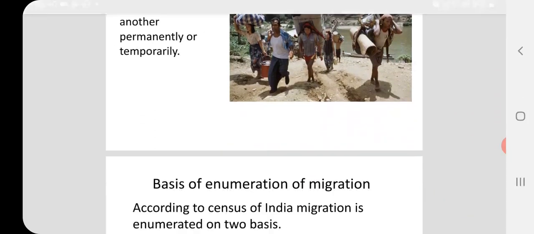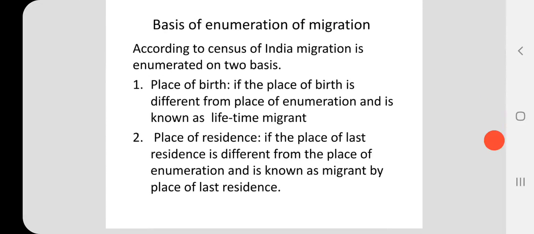Next is the basis of enumeration of migration. There are two bases for the enumeration of migration in India. Firstly, place of birth, and the second is place of residence.